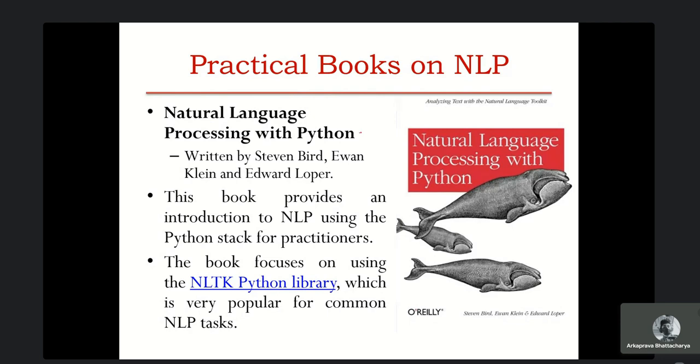It is available online in HTML form as well as PDF form. For beginners who want to learn the complete steps I have given and how they actually work, they use Python, and the corpora are also used from the NLTK library.